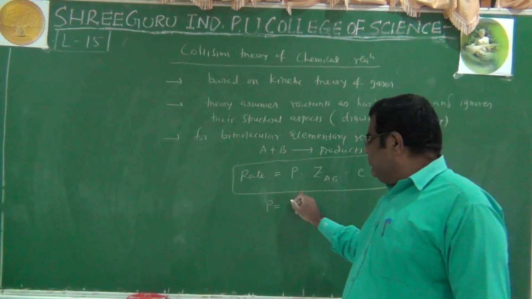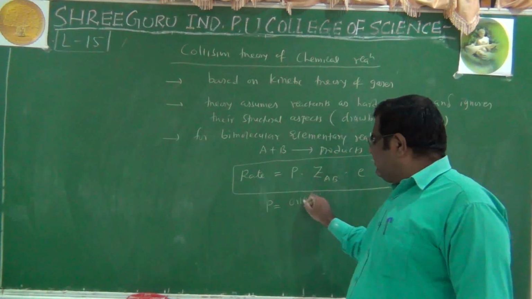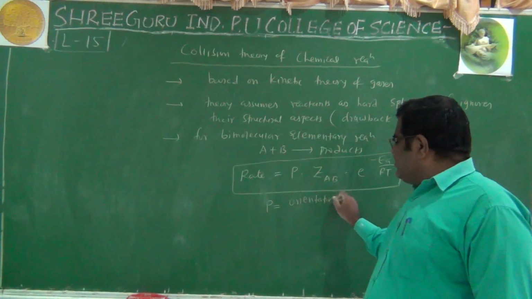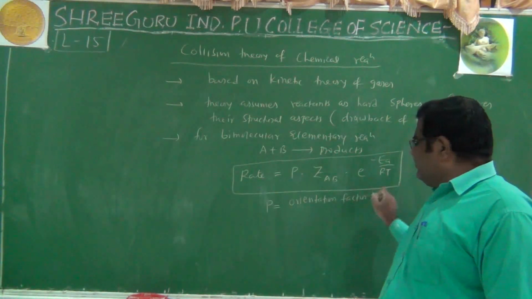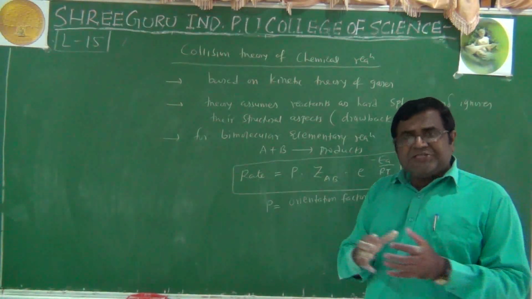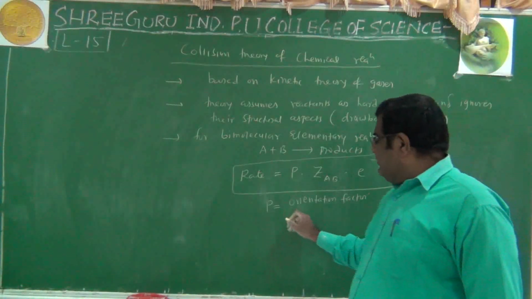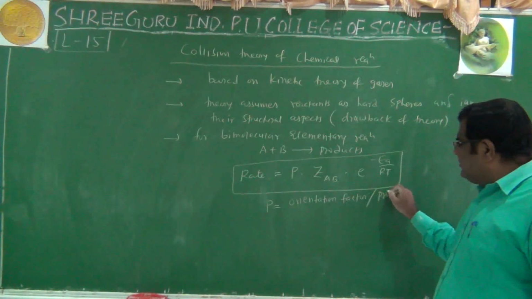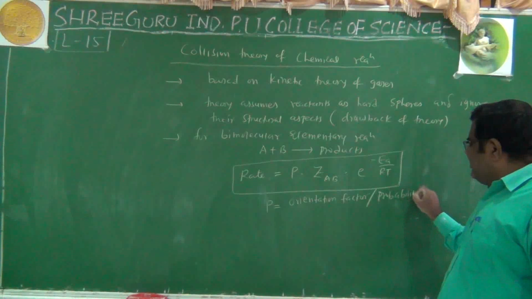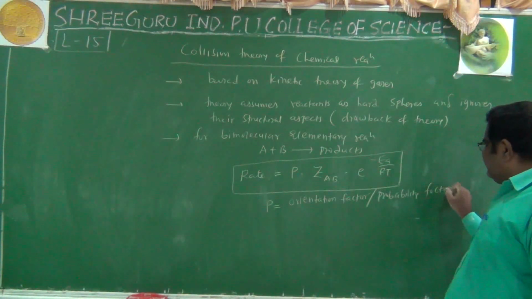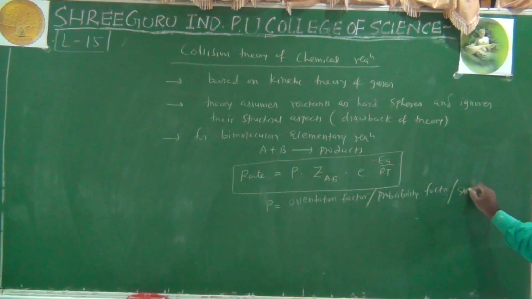P is called the orientation factor. The theory considers the orientation of the molecules which are colliding. It is also called the probability factor, also called the steric factor.